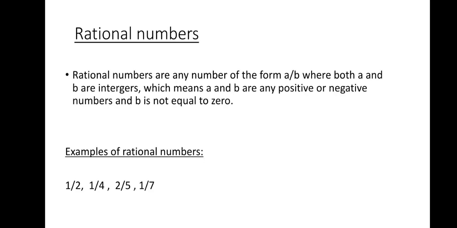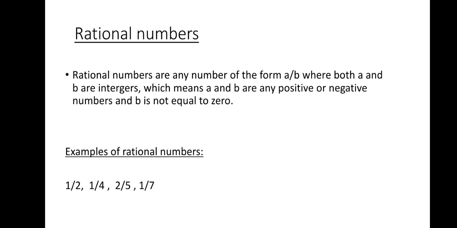Moving over to rational numbers. What are rational numbers? Rational numbers are any number of the form a over b, where both a and b are integers, which means a and b are any positive or negative numbers, and b is not equal to 0.